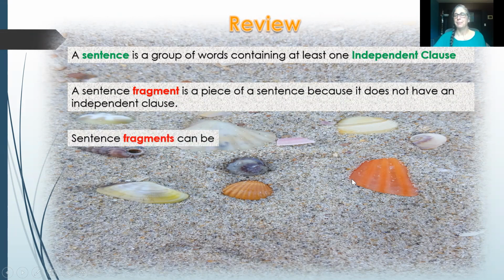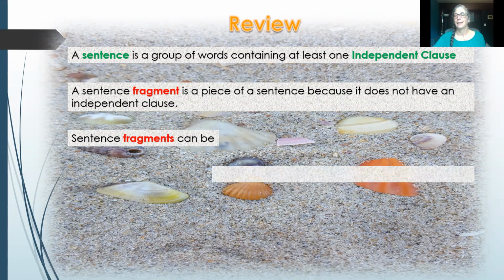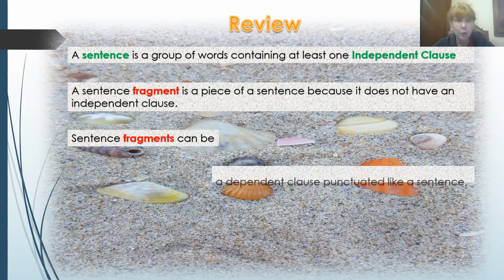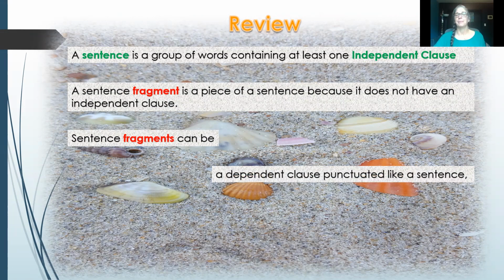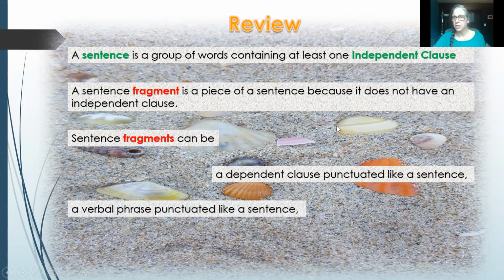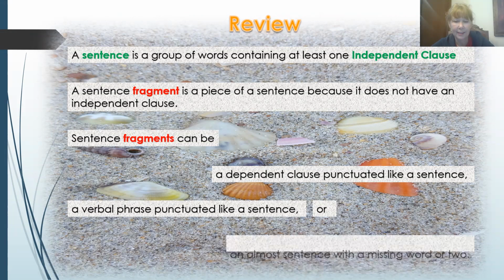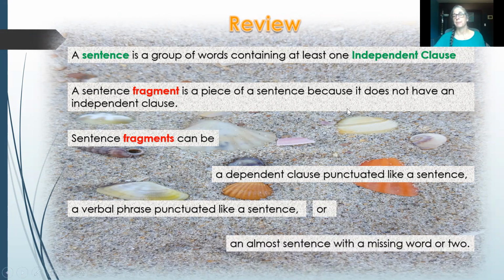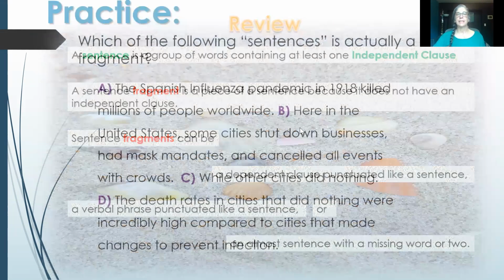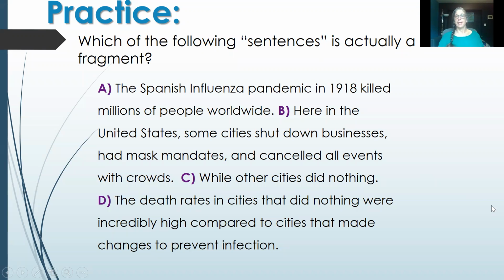Sentence fragments can be a dependent clause punctuated like a sentence, a verbal phrase punctuated like a sentence, or an almost sentence missing a word. Yes, or words. An almost sentence with a missing word or two, most commonly the subject, but sometimes the helping verb in a complete verb. All right, let's practice. Which of the following sentences is actually a fragment?